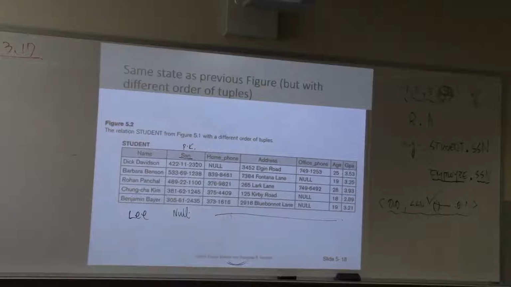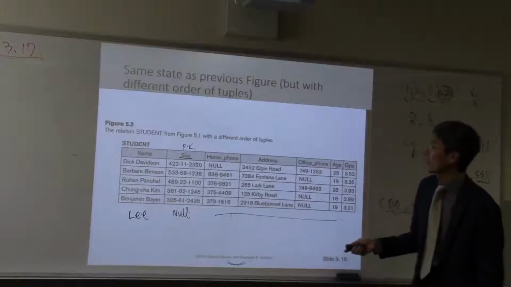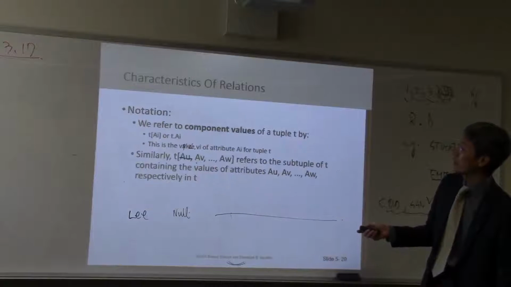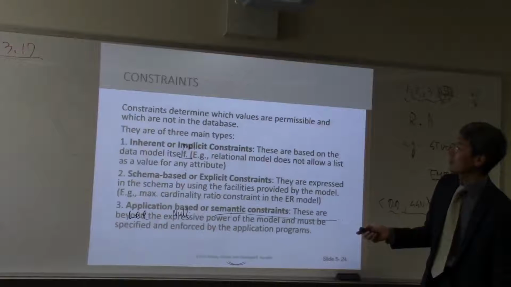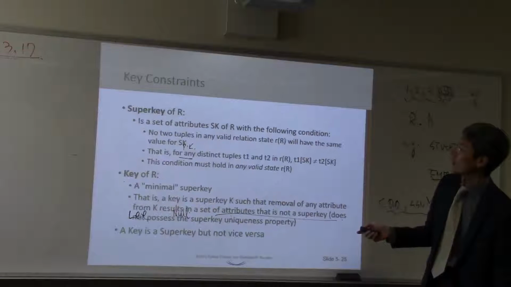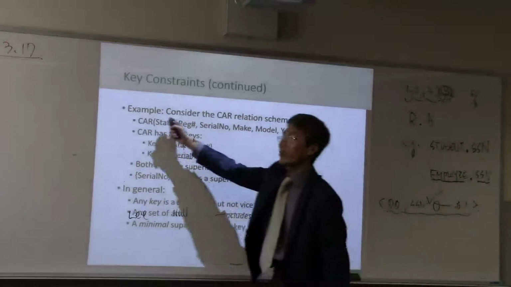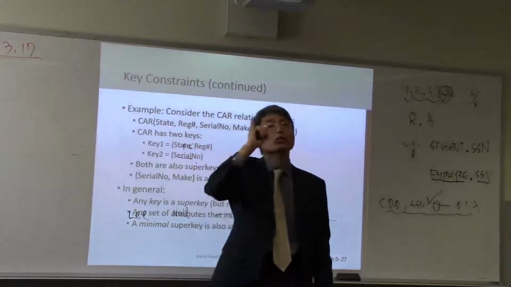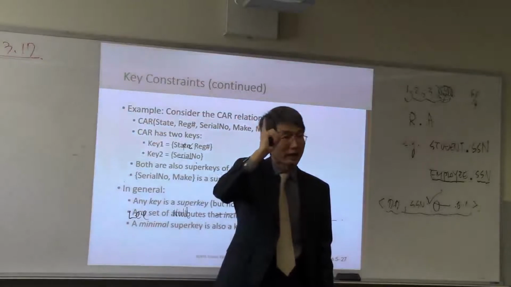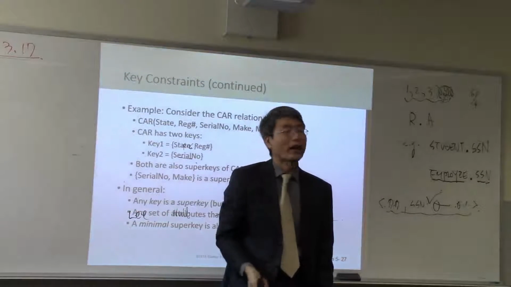Actually, we define the key constraint. Key constraint means, okay, super key and key. Each relation should have a unique attribute, at least one unique attribute.